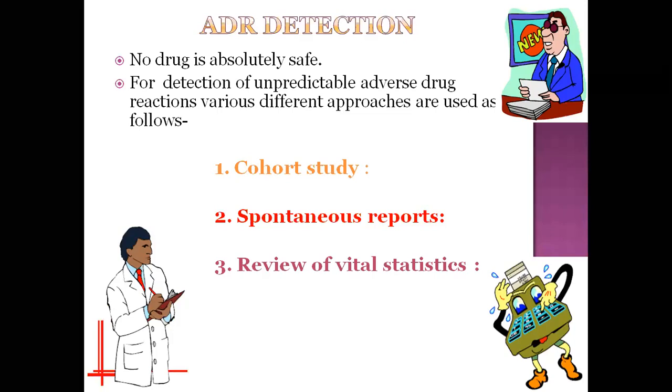Because nationally and internationally, the environment may be different. In some environmental conditions, particular drugs give lesser adverse reactions, and some give higher adverse reactions, depending on environmental conditions, which are also responsible for the adverse reactions. That statistic we have to review in the detection of ADR, a review of vital statistics. And lastly, case control study.